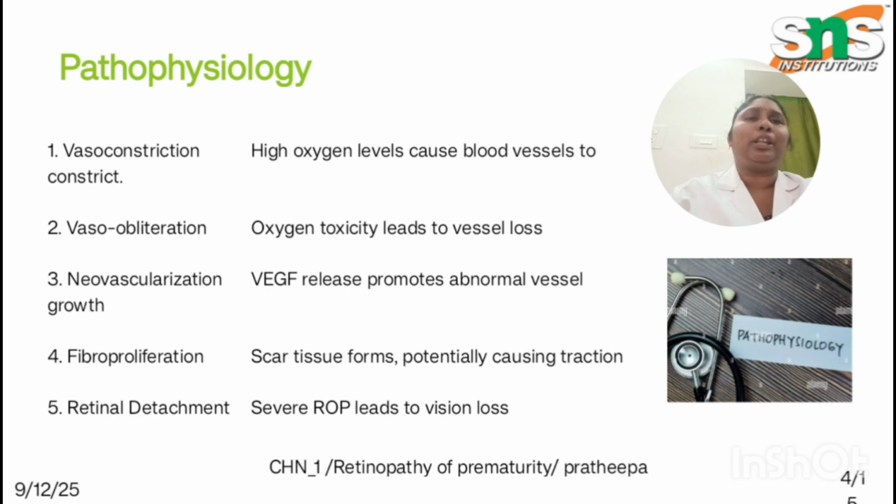This is the pathophysiology that leads to retinopathy of prematurity.